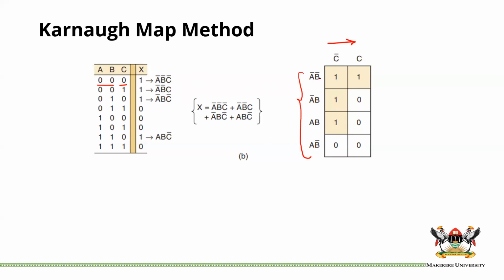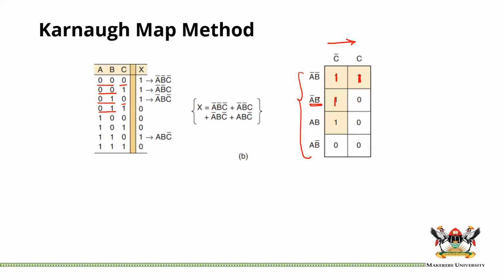AB inverse, B inverse, and C inverse is a 1. So you put a 1 there. Then A inverse, B inverse, and C is also a 1. Then A inverse B, which is here, and then C inverse is a 1. Then A inverse B, which is again here, and C, which is a 1.